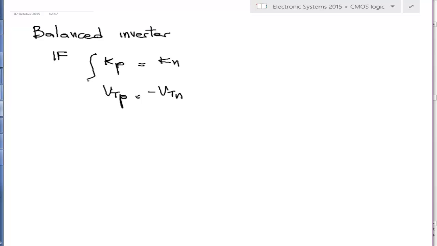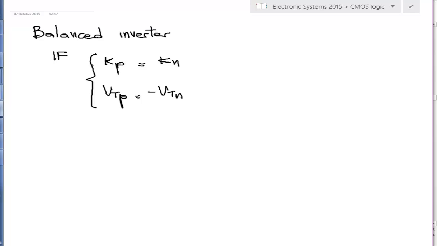One thing that is important is that we always try to be in this situation because it's convenient for many reasons. I will describe some of them, but let's keep in mind that we want this situation to happen. In this situation, the behavior of the PMOS is perfectly symmetric to that of the NMOS.